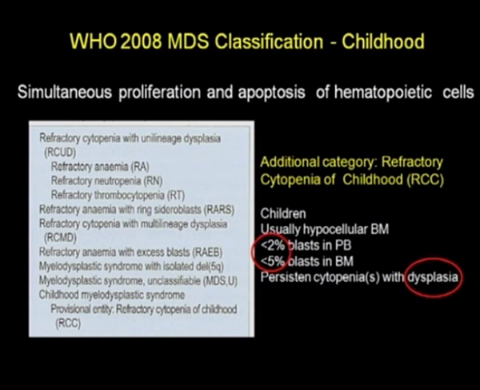Also in the new entities now included in the new WHO classification, such as refractory cytopenia of childhood, we need to enumerate few blast cells, and to detect dysplasia, we should enumerate at least 10% of cells within each lineage having dysplastic features.